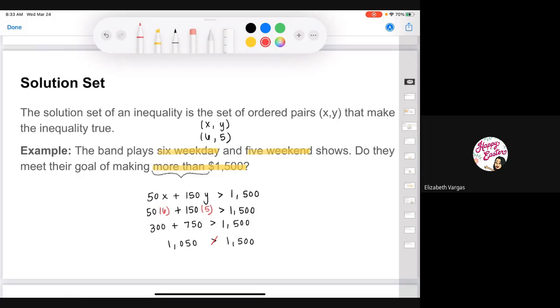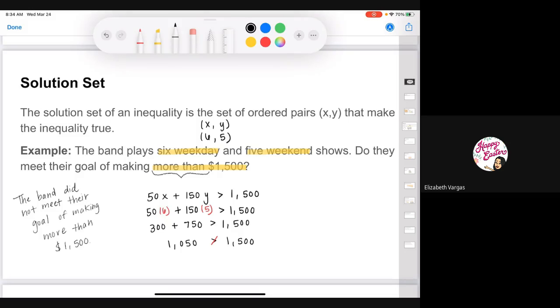So that means that if they performed 6 weekdays and 5 weekends, they would not meet their goal of making more than $1,500. So the band did not meet their goal of making more than, right? Because we want it to be more than $1,500, right? They made less than that. They made 1,050.